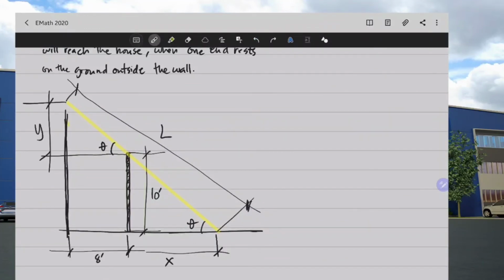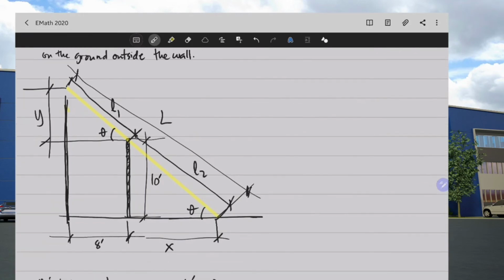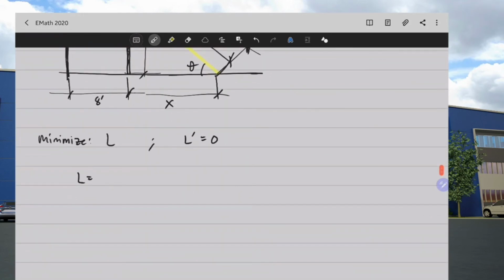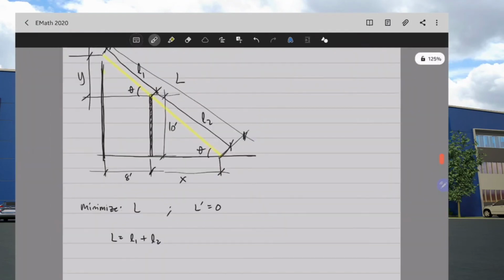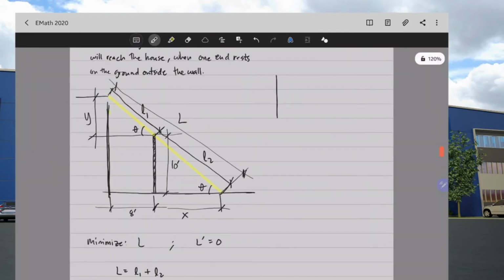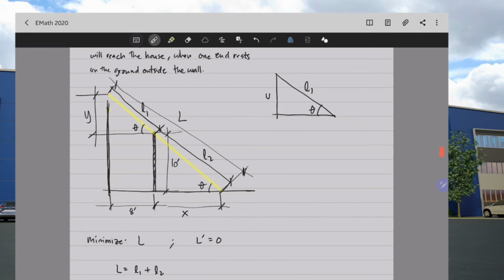So how about if I call this length from here to here, I'll call that L1, and from here to here, I'll call that L2. So therefore, the length of the ladder is L1 plus L2. Okay. If we draw the first triangle na na-form with ng L1 and Y, no? And actually, this is 8.